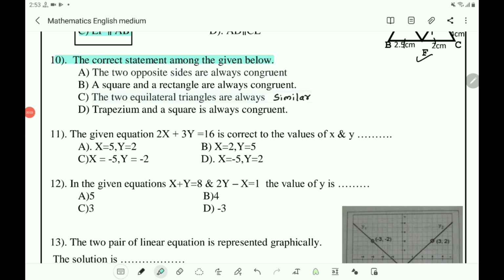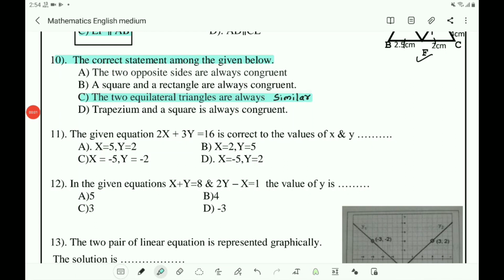Here you can select the answer. The two equilateral triangles are always similar. The two equilateral triangles may be congruent, may not be congruent, but they are always similar. If they are congruent, their corresponding parts must be equal.